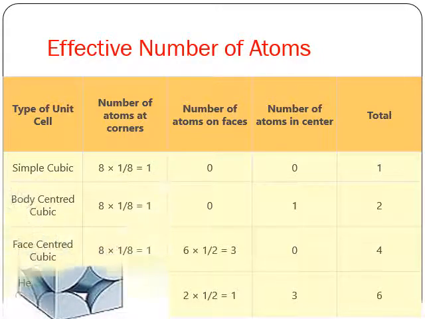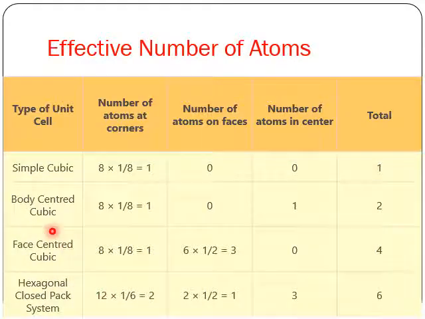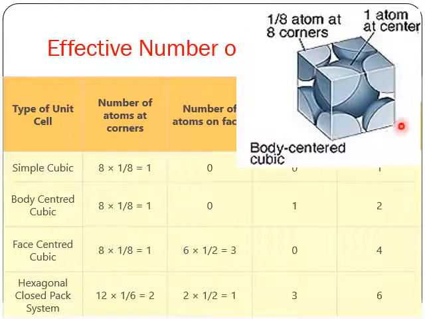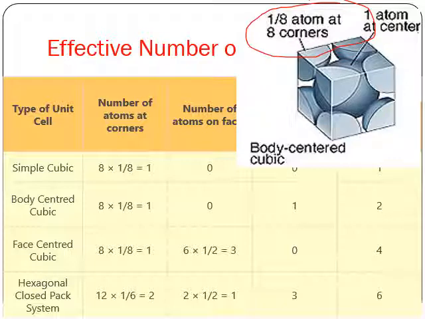And if you take the example of a body centered cubic, how exactly does it look? It looks something like this. There is an atom at the center, and there are 8 atoms at the corners. As usual, as for simple cubic, the 8 corner atoms are each shared by 8 unit cells, so 8 into 1 by 8, and 1 atom is at the center.